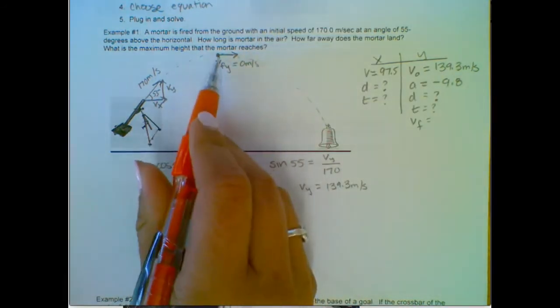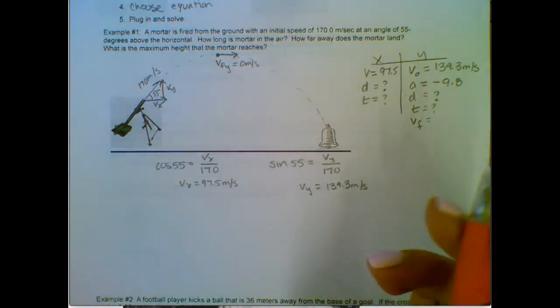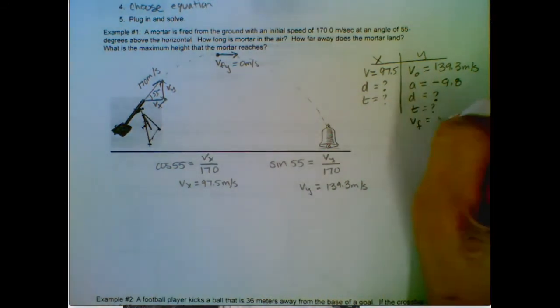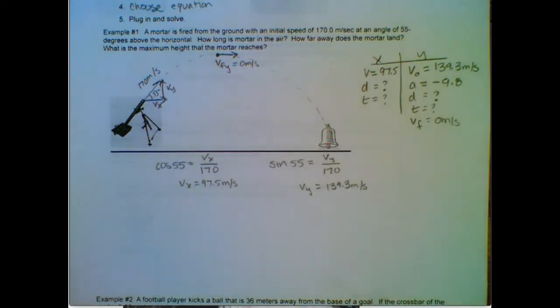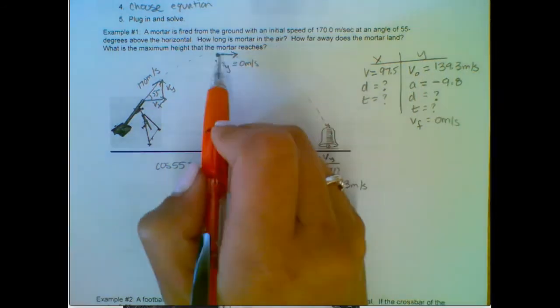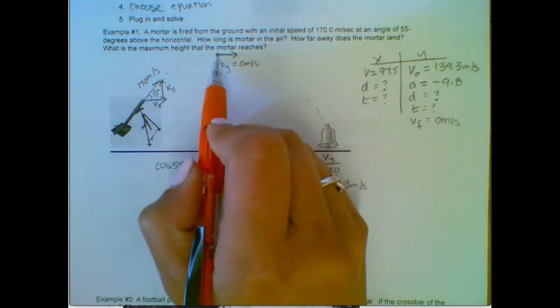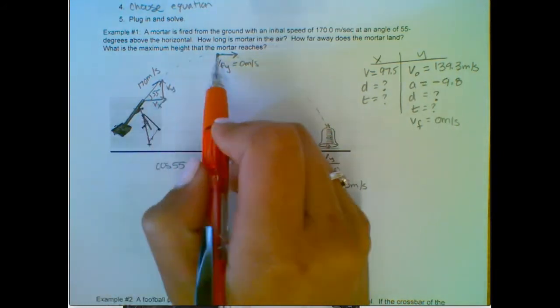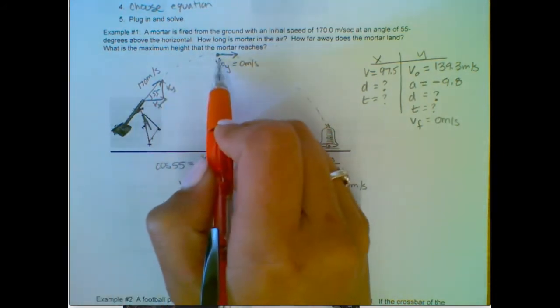So we're just talking about this maximum point. We'll temporarily put that in as the final velocity in the y direction. We'll use those facts, and we'll just have to keep in mind that anything we find using that number will actually give us the time just to this point, the displacement just to this point.